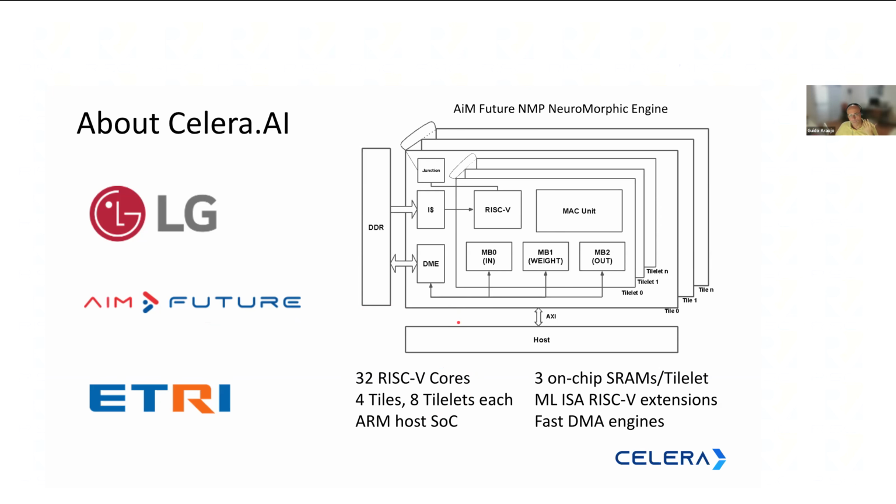We did this compiler design in partnership with AI-MIM future on the neuromorphic engine. It's a separate design, not related to the other research project we did, which is also moving into an extension for RISC-V in the future, as I mentioned before.